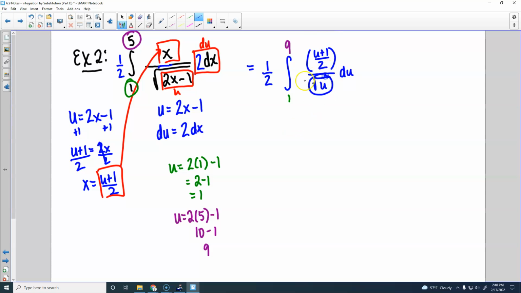This square root of u, I could move it up to the top. So that would be u to the negative 1/2 times u plus 1 over 2. And we would just distribute that u to the negative 1/2.